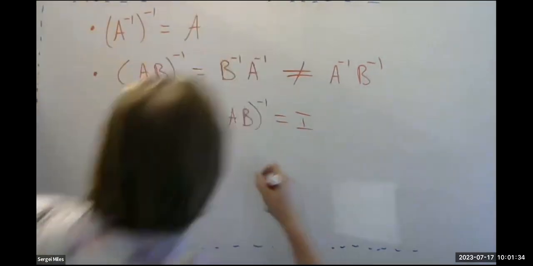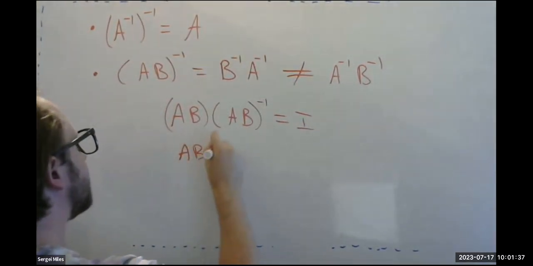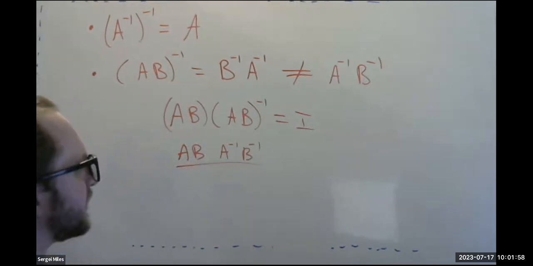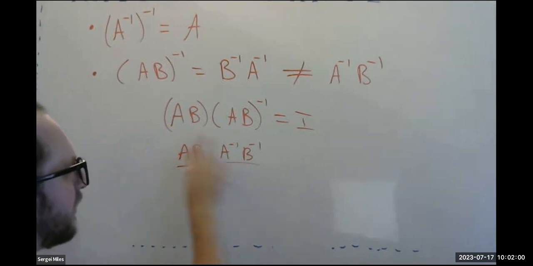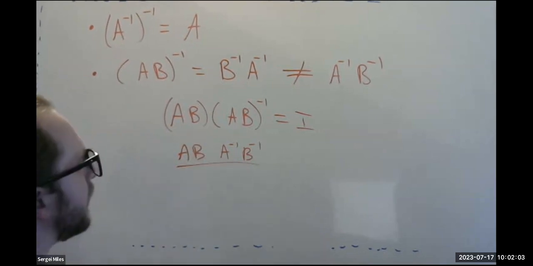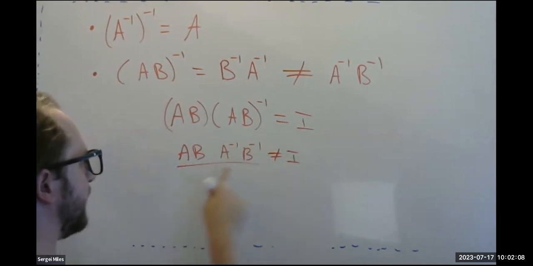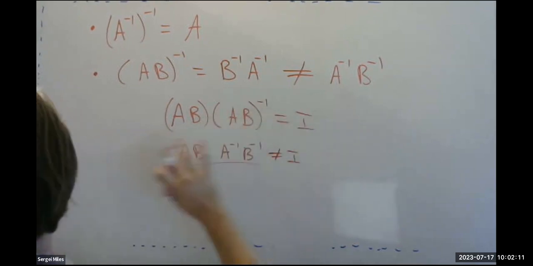Well, if the inverse of A times B was A inverse B inverse, then we'd have matrix A times matrix B times A inverse B inverse. In fact, for this specific equation I've written out here, there's nothing I can do to simplify this because with matrices, I cannot flip the order of multiplication. So this can't simplify, meaning this does not equal the identity. So A inverse B inverse does not work.